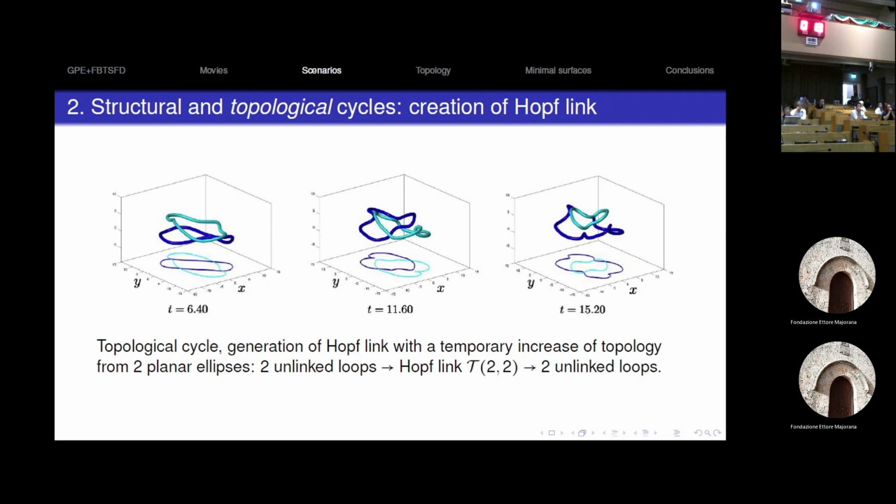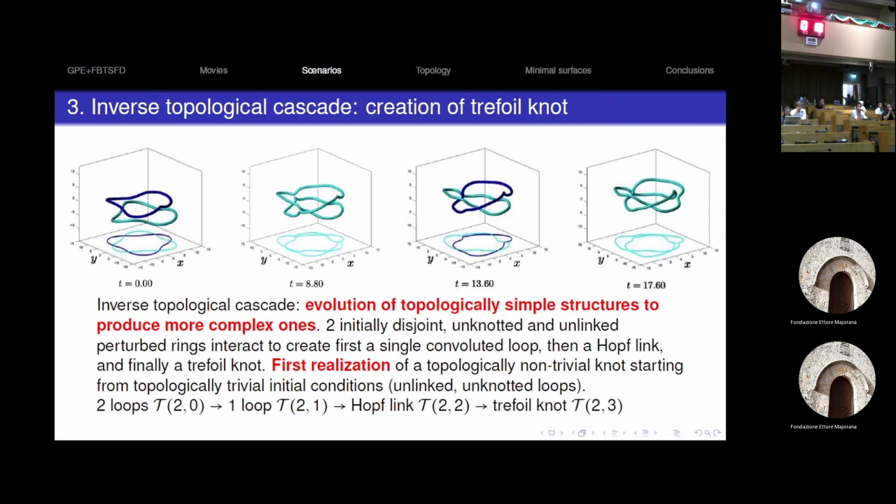And finally, this is something that maybe it's hard to see, because we usually see the inverse. In fact, we call it inverse topological cascade, because you usually see something like this. Whereas we started from 2, as I said, very perturbed rings. And then for a while, you have the formation of a single loop, and then a Hopf link.